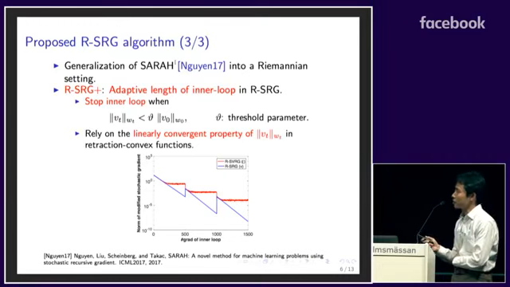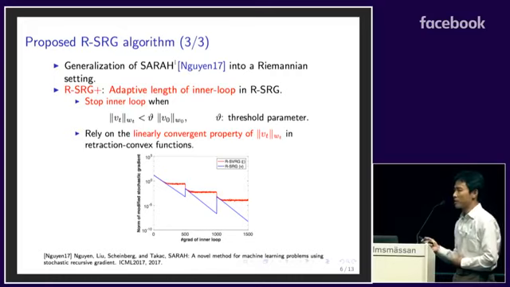So RSRG plus stops the inner loop when the norm of the modified stochastic gradient gets lower than a fixed ratio of the initial value. This is heavily dependent on the linear convergent property of the norm of the stochastic modified gradient in the retraction convex functions.